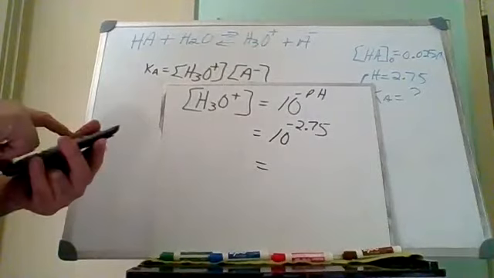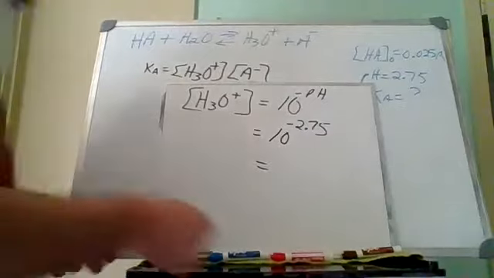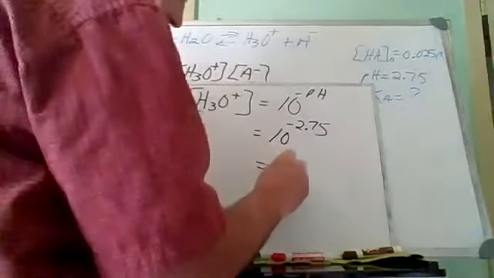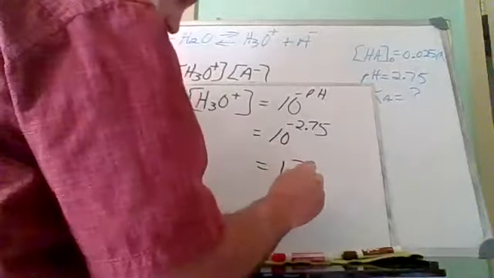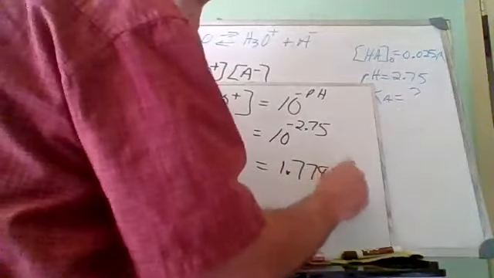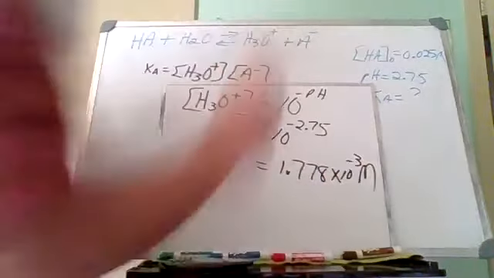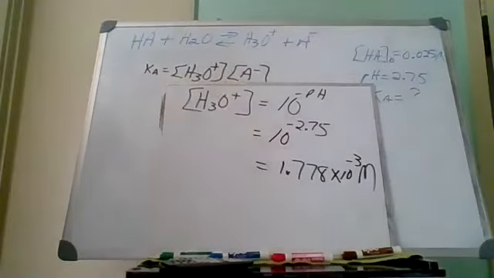and I'll put that into scientific notation, 1.778 times 10 to the negative third molar. Okay?